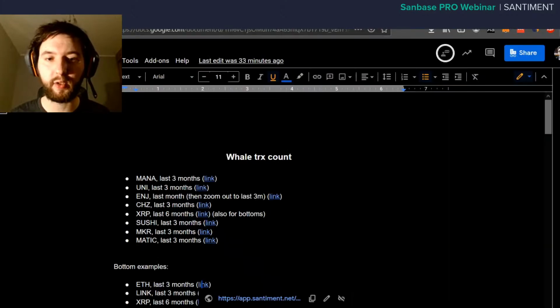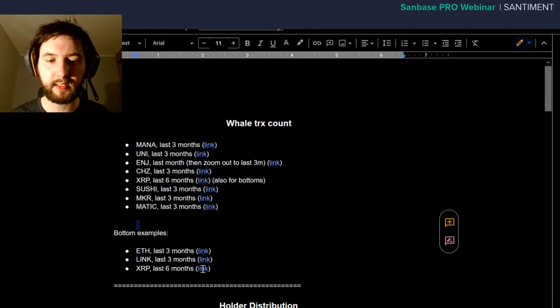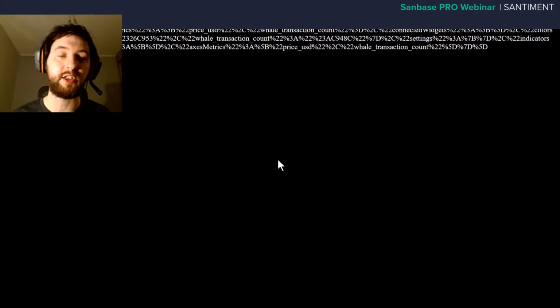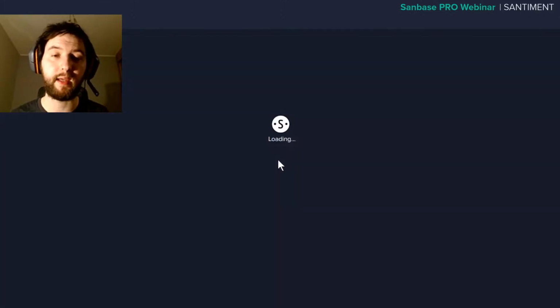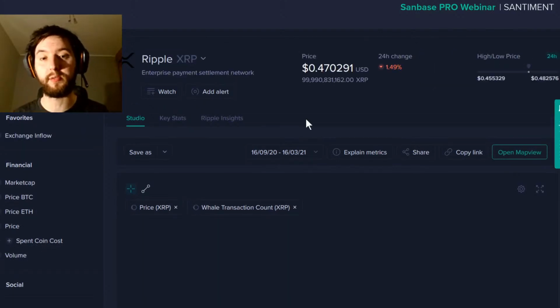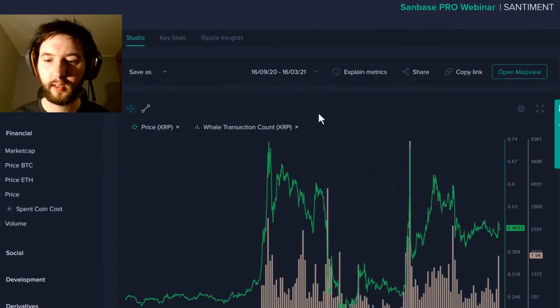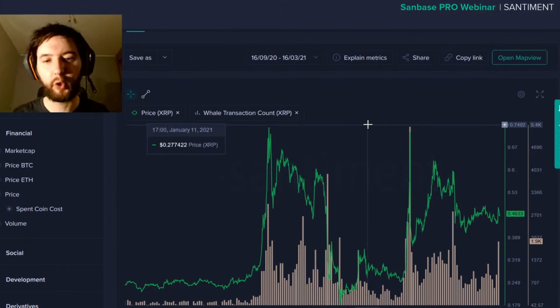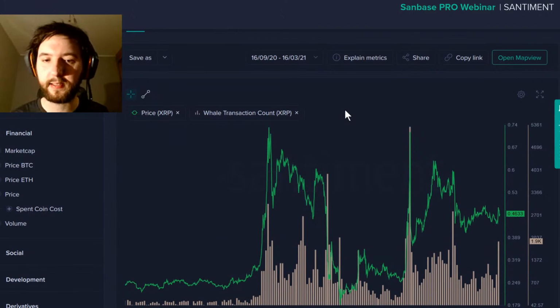So this is what you can see in terms of Ethereum. You can see the same thing in the case of XRP. Actually, for XRP, I think it very nicely mirrors both the local tops and local bottoms, which is quite interesting. XRP has had just a ridiculous price action over the last 6 months.